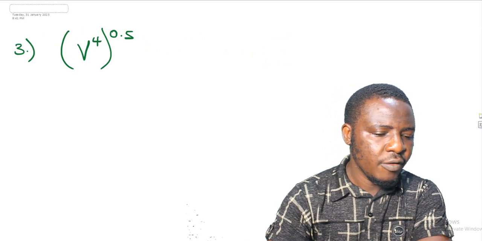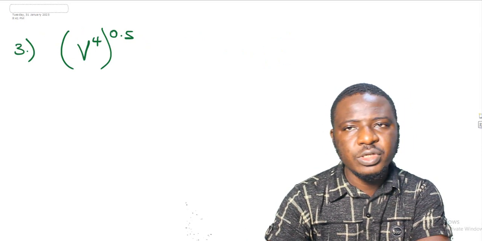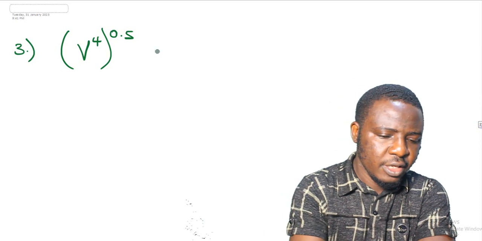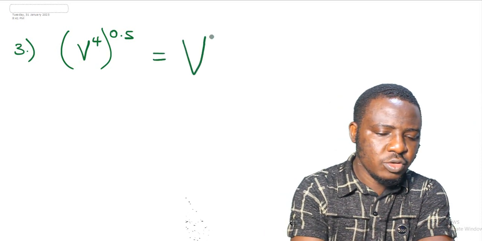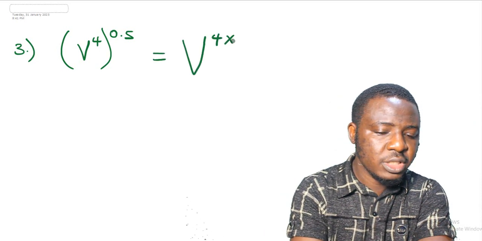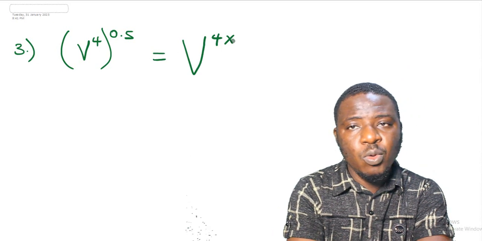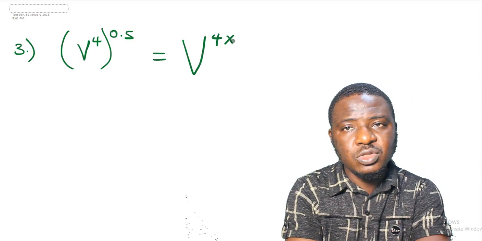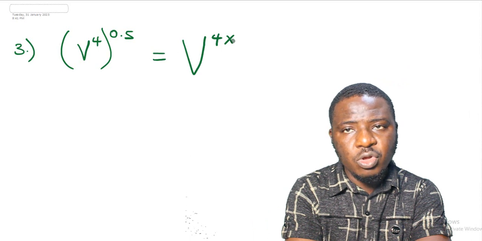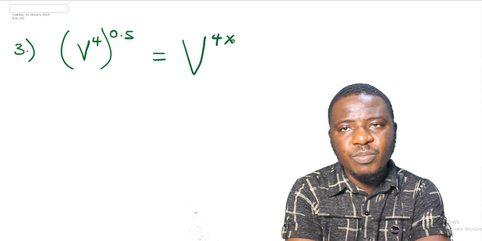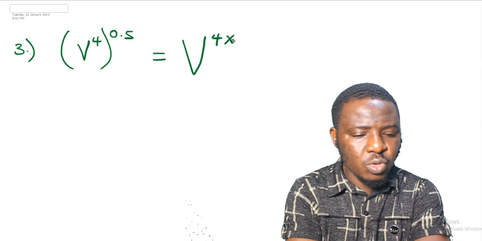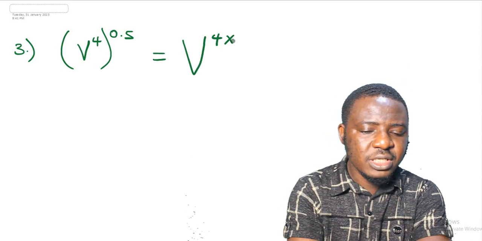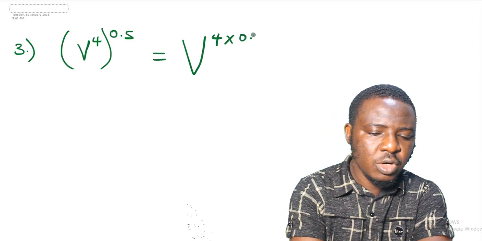3. v raised to the power of 4, all raised to the power of 0.5. This is equal to v raised to the power of 4 times. You may want to simplify this to a fraction, or you can leave it in decimals depending on how good you are. If you leave it in decimal, this becomes 0.5.